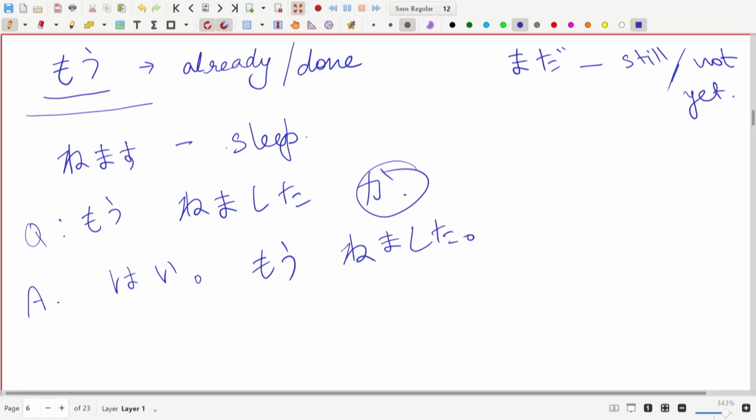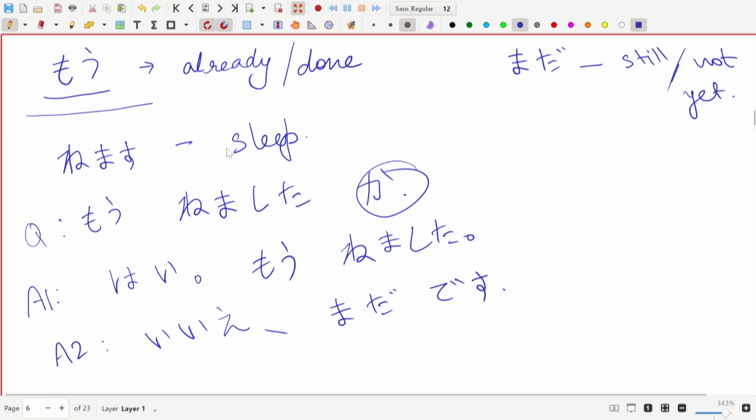But if the answer is negative, so this was the first answer, answer 2 could be "Iie. Mada desu." Mada desu is not yet. "Iie mada desu." Okay, now you can elaborate that answer.